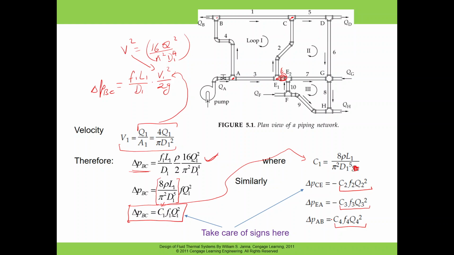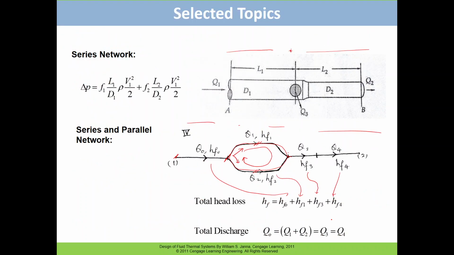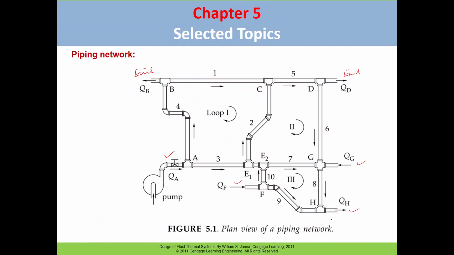So here you have to understand that we are going to solve this pipe network, so we have to take care of the signs. So my flow direction is in this direction in this line, and the flow direction is in this direction in this line, and here my flow direction is this way, and here my flow direction is this way.